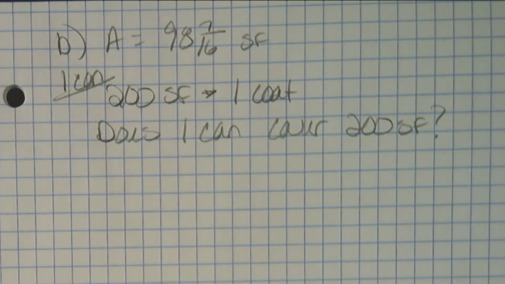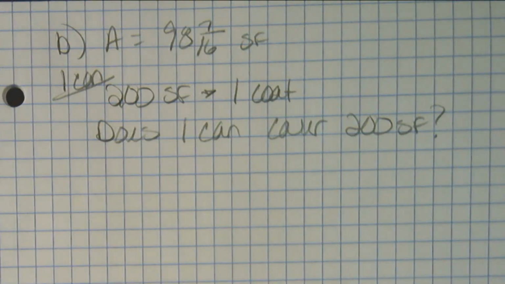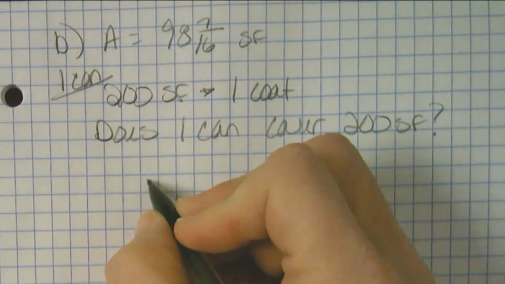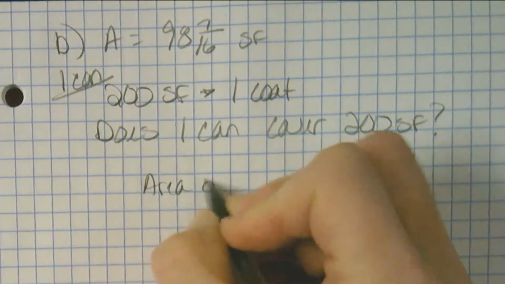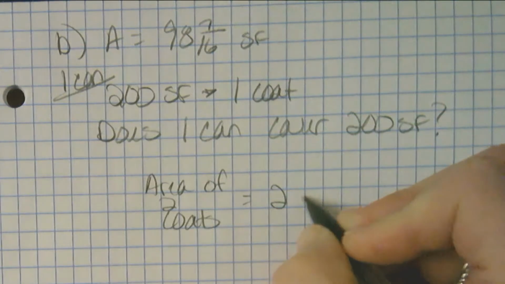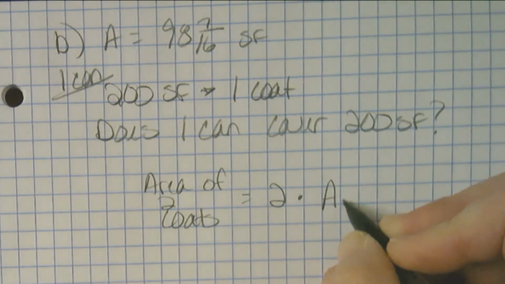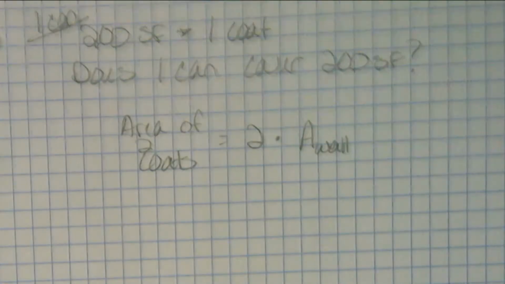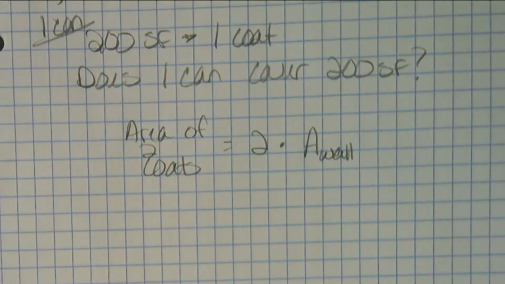Why? What are you looking to find? When you do that math, what are you looking to find? To two coats. So I'm going to say the area of 2 coats is going to be equal to 2 times the area of the wall. There's my game plan, and I would expect you to have that.